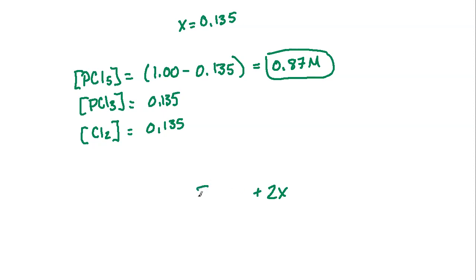So for instance, if we said that was Cl2, and Cl2 was a change of 2x, then when I get ready to calculate this, Cl2 would be equal to 2 times the value of 0.135. Now that's not the case here, but if you come across an example like that, you need to remember to include your stoichiometric coefficients as we go through this.